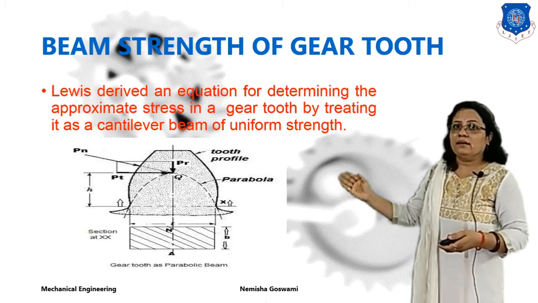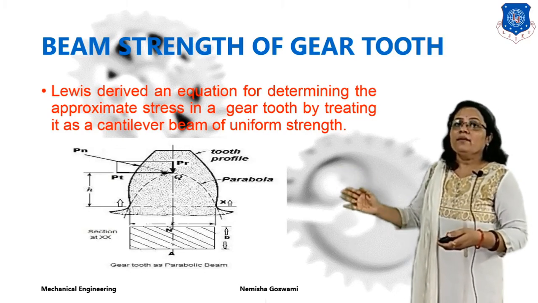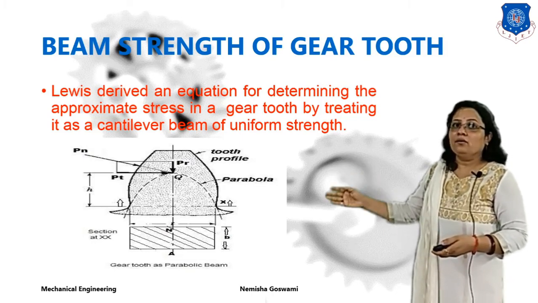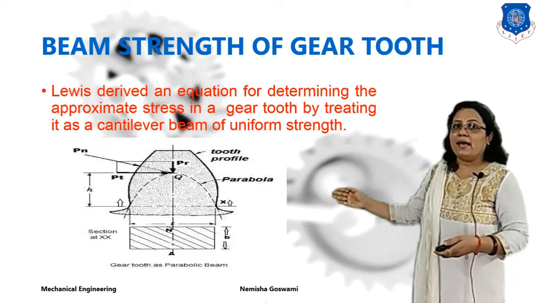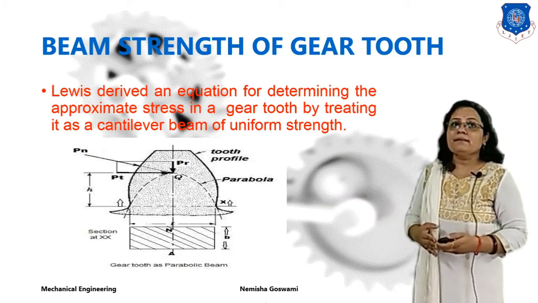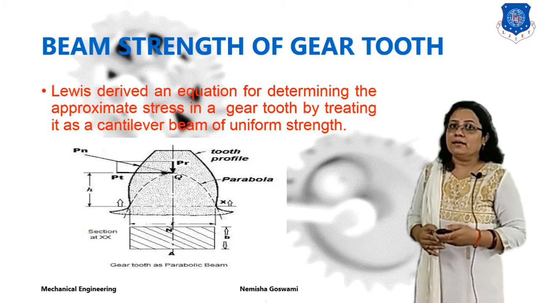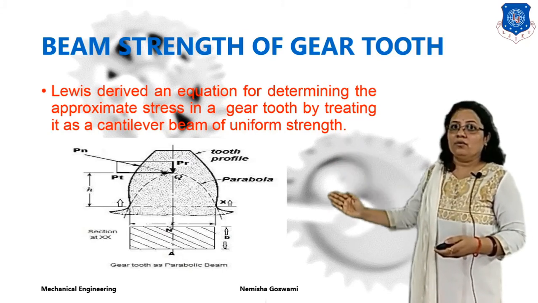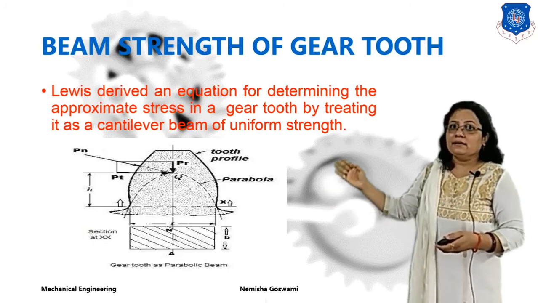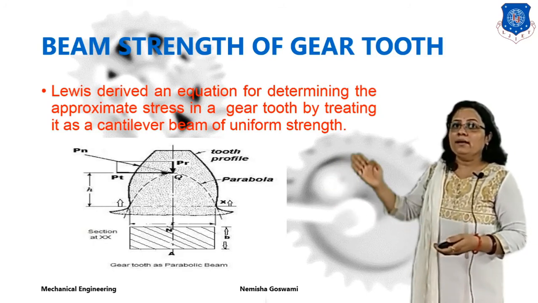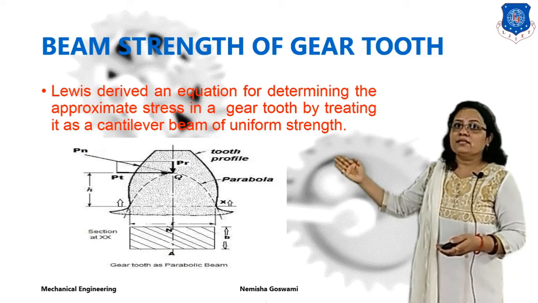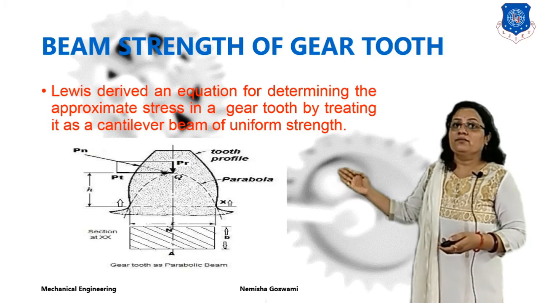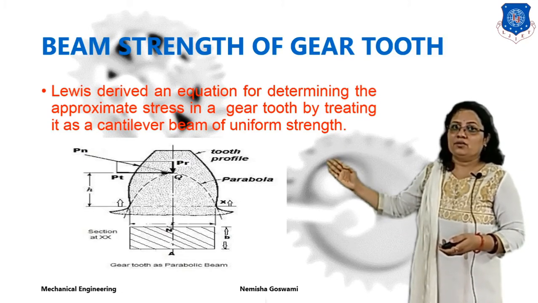In this profile, we have drawn the tooth profile as a parabola. The lower section, section XX, has the maximum strength. T is the thickness of the tooth and H is the height. It is subjected to a normal force, denoted by Wn. It has two components: Pt and Pr.